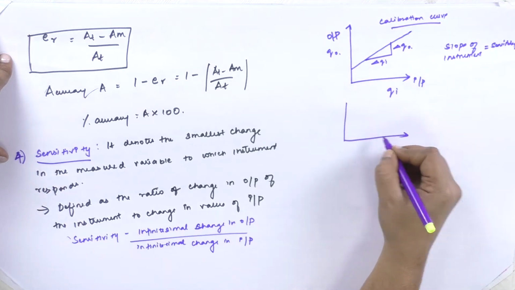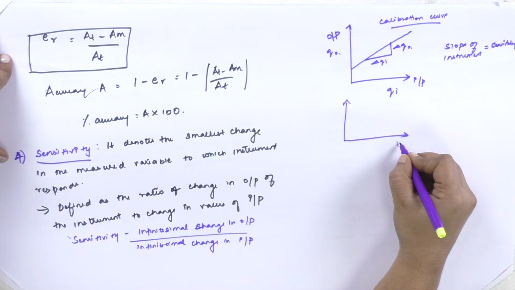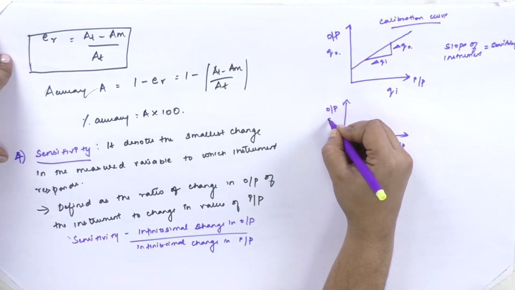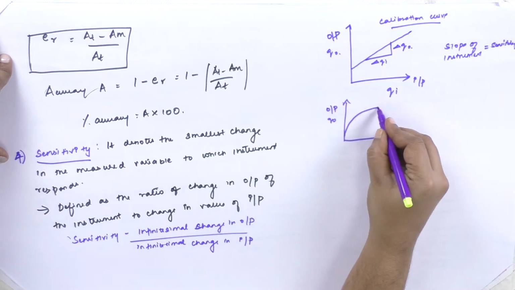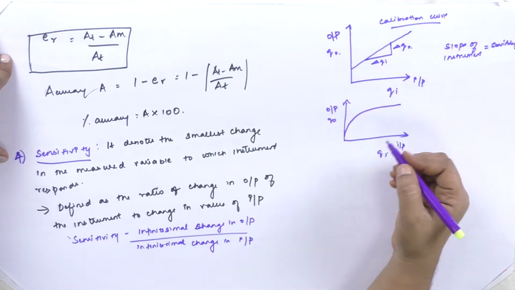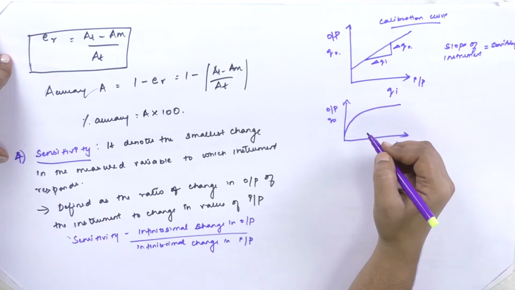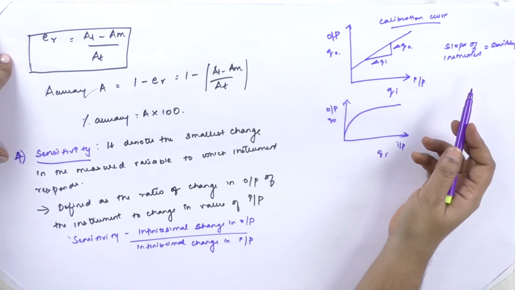If the characteristic is non-linear, that is, the calibration curve drawn between the input and output is non-linear, then the sensitivity varies with the output and it is not equal to the slope of the instrument.